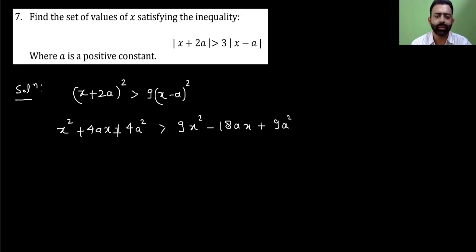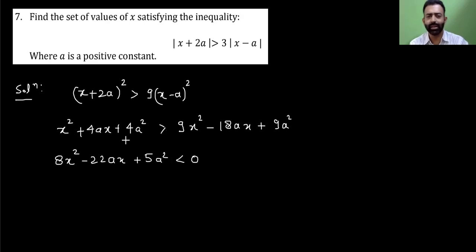Now combining the like terms, I can transfer this to the other side. I will get 8 times x square, then transferring this plus 4ax to the other side, I will get minus 22ax and then plus 5a square. This is less than 0 because I have transferred all the LHS to the RHS.